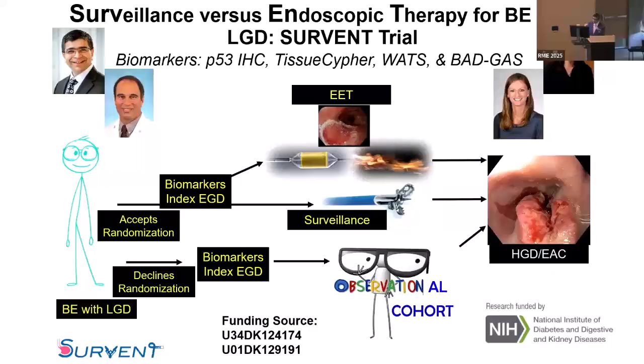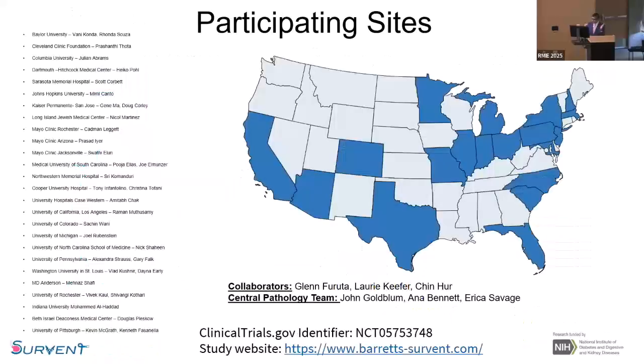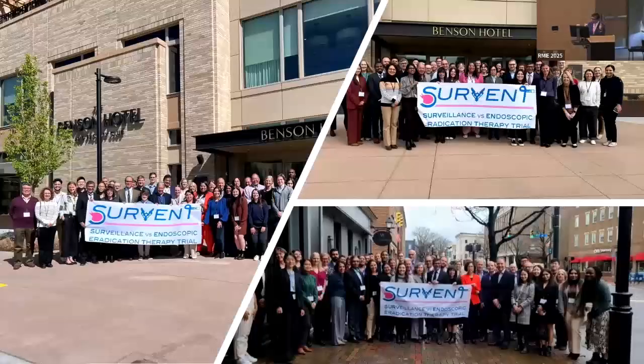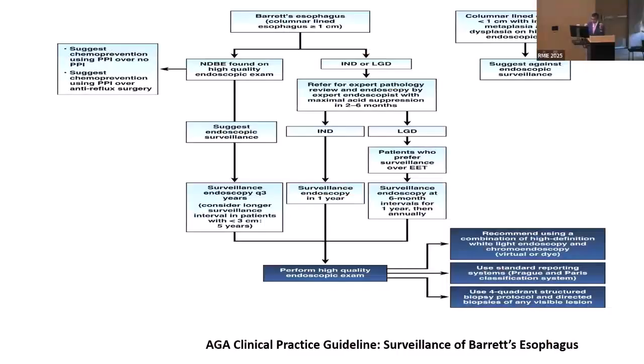Incredibly grateful to my co-PIs and to the NIDDK for funding the study. This is a slide just demonstrating all the participating centers. And I'm just really, again, grateful to the NIH for understanding how important esophageal cancer is and actually funding the first trial related to Barrett's and esophageal adenocarcinoma.